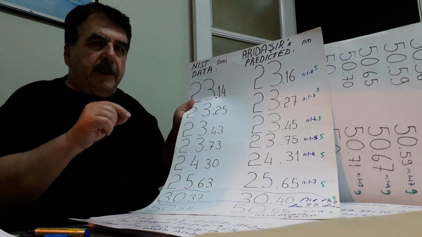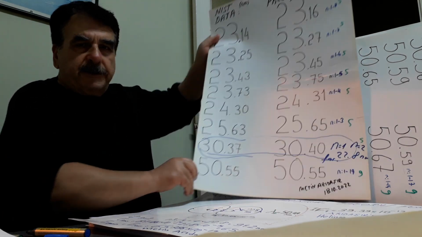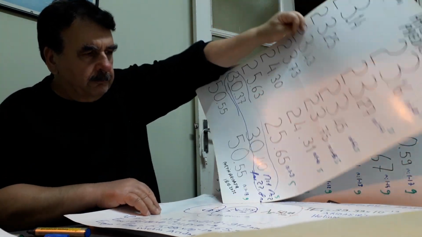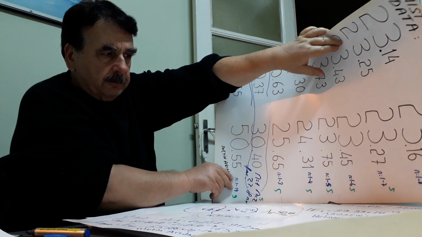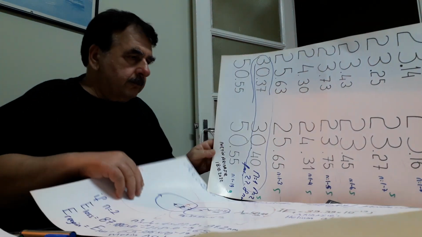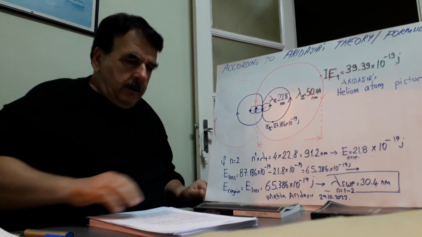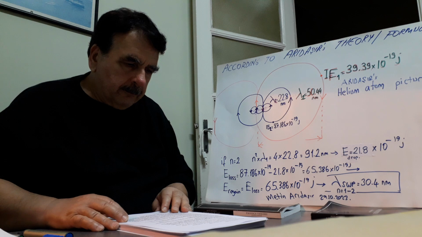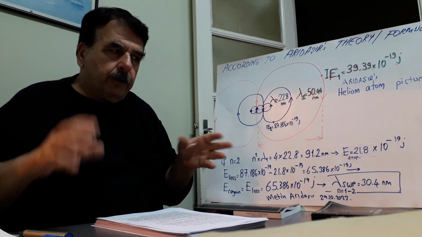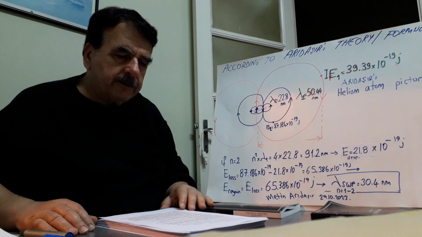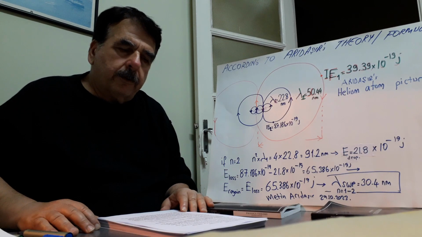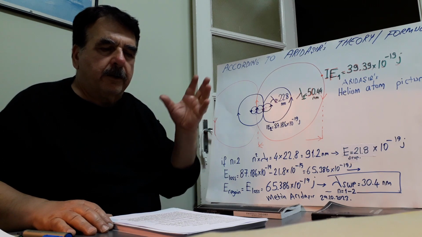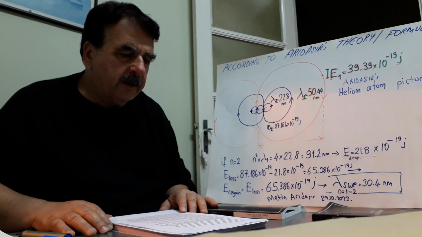My formulas and my theory are deterministic. There is no probability, there is no approximation, there is no uncertainty. 22.8 nanometer and 50.44 nanometer are the codes, passwords of all spectral line values of the helium atom.